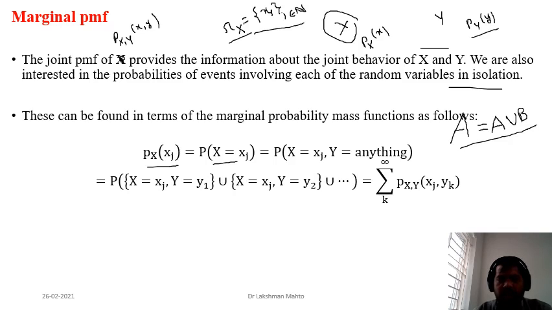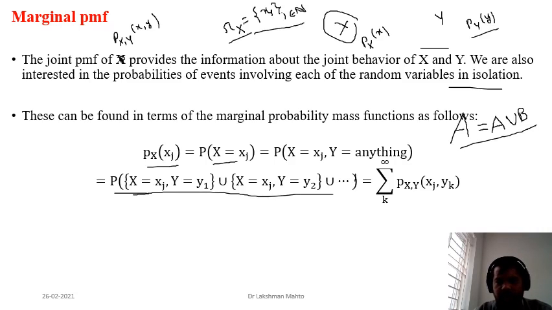That means the probability that X equals x_j and Y equals y_1, union, and so on. That means you have to take all possible values of Y. So if you observe this probability mass function of the random variable X, it takes up this infinite union of probabilities.